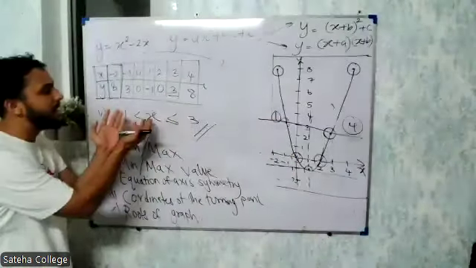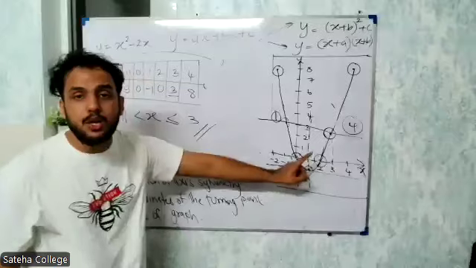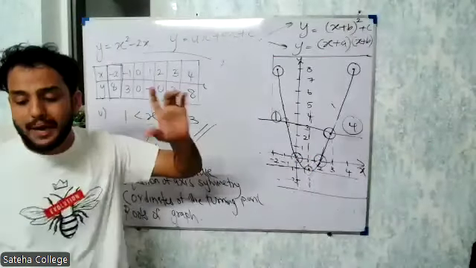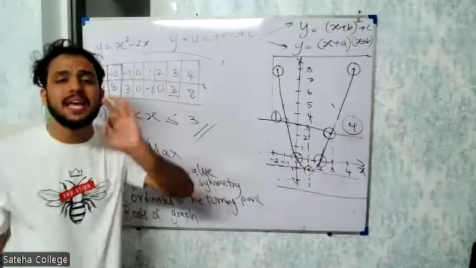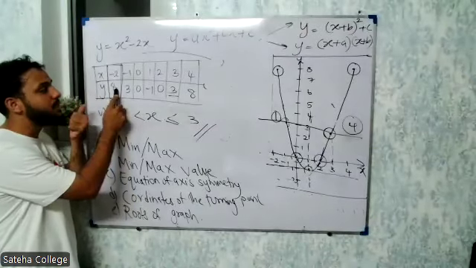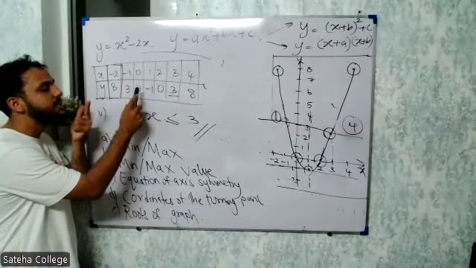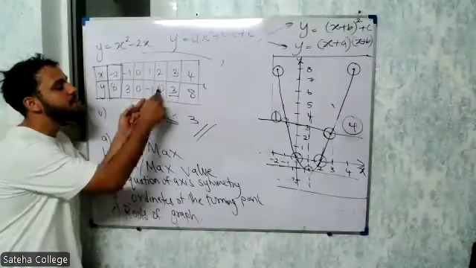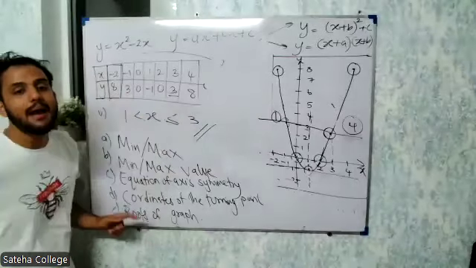Now come back to your table here. You can even tell whether the graph is a minimum or a maximum graph just by looking at the table. Look at the y value here. What is happening? 8, 3, 0, minus 1. The y value is reducing, reaching a minimum point, then increasing back again.